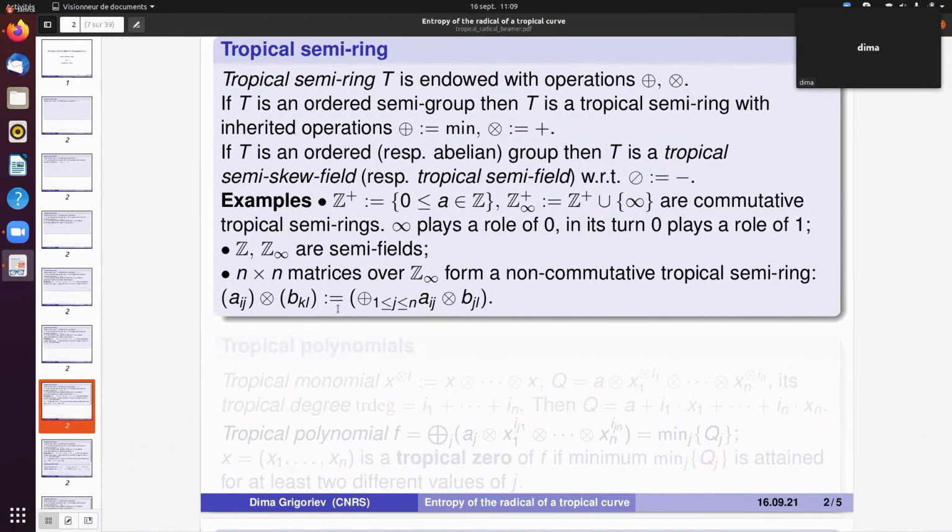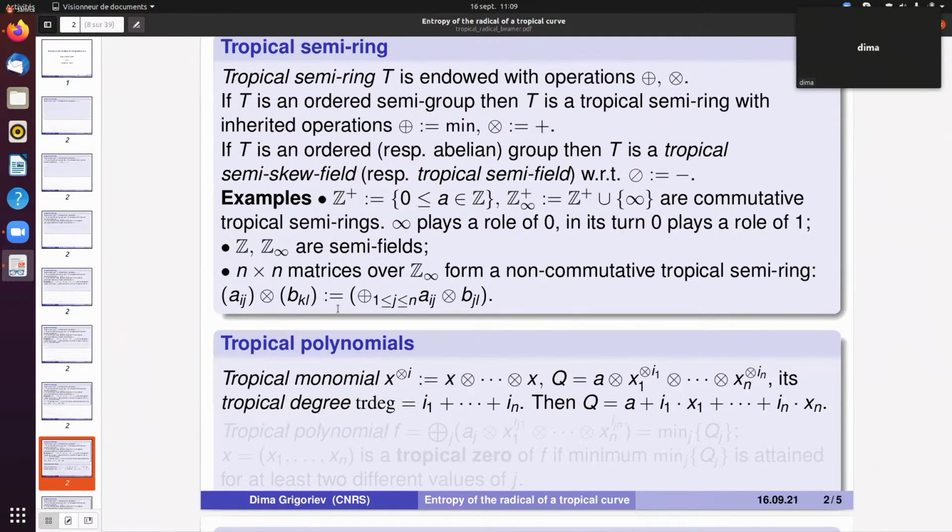So that was about the tropical semi-ring, and another important object is a tropical polynomial. To define a tropical polynomial, we start with a tropical monomial. Just take a variable and its tropical product, say i times, and a monomial is the tropical product of these powers of variables multiplied by some coefficient a.